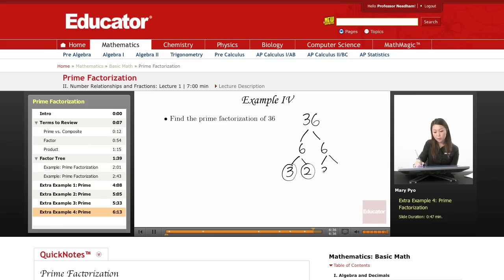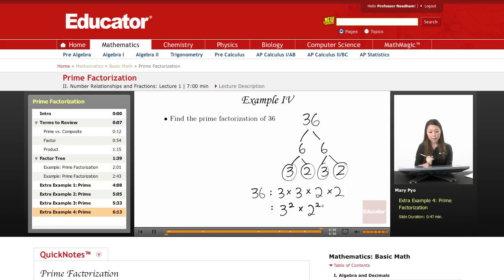And then this 6 also into 3 and 2. So 36 becomes 3 times 3 times 2 times 2. So this is the same thing as 3 squared times 2 squared. And that is it for prime factorization.